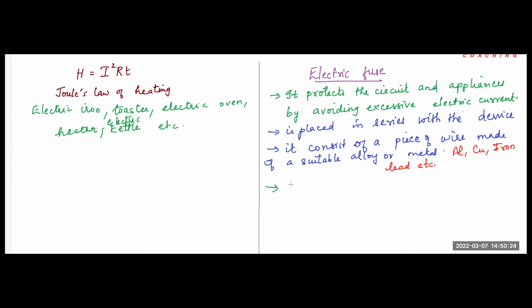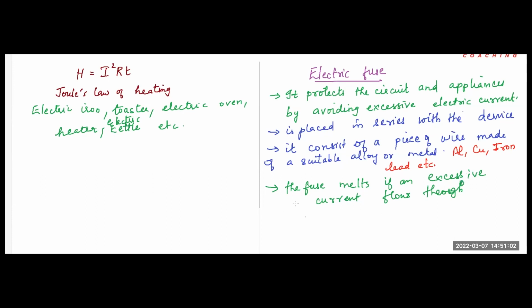What happens if a current larger than the specified value flows through the circuit? The fuse material is selected in such a way that if the current is excessive, it will melt. So the fuse melts if an excessive current flows through it. This melting happens because of the heating effect of electric current.